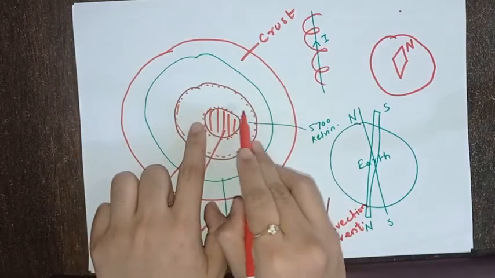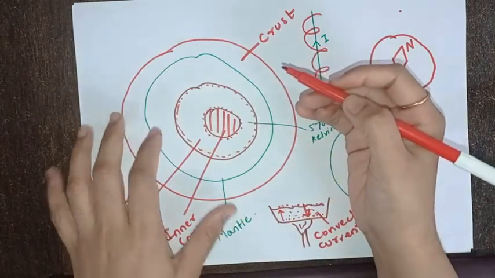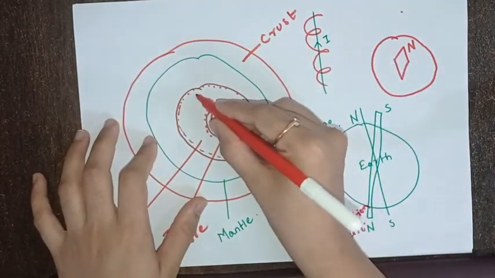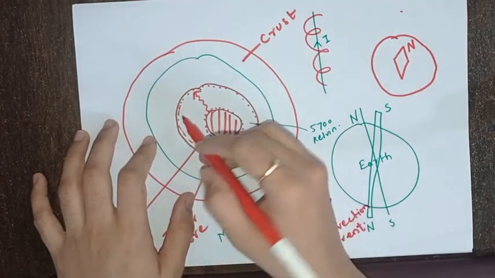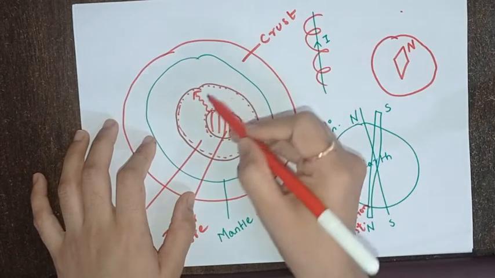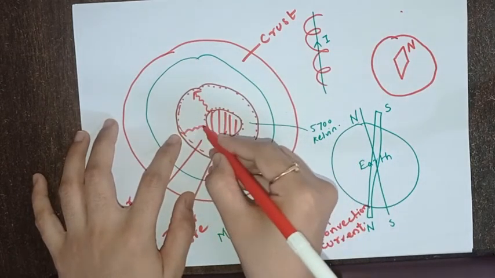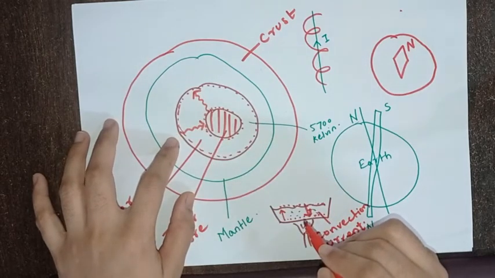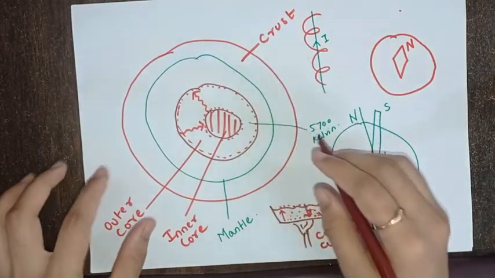So these electrons will be lighter because they will be less dense, so they will rise up, and the cloud of electrons from the edge will sink down. Because of this, we will have a convection current, and this convection current will flow in each and every part of this core.